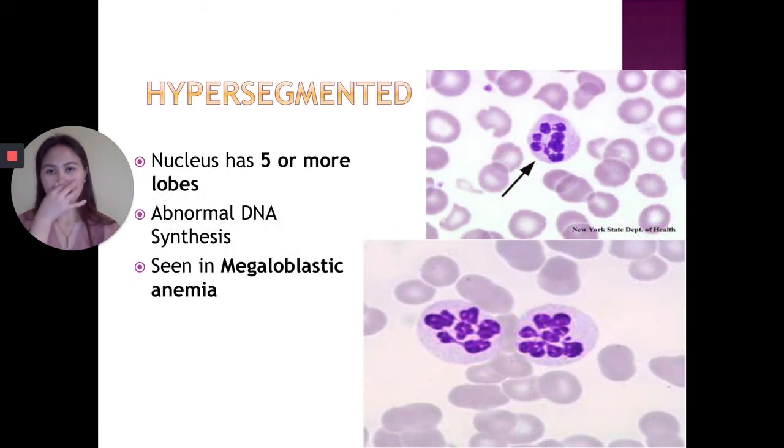Next, we have, again, hypersegmented neutrophil. When the nucleus of a neutrophil reaches 5 or more lobes, it is called hypersegmented neutrophil. What is the cause of this? It is due to abnormal DNA synthesis, and usually this can be found in patients with megaloblastic anemia.